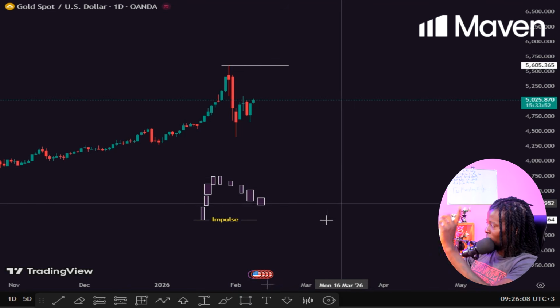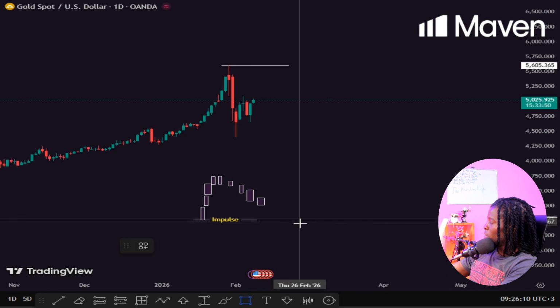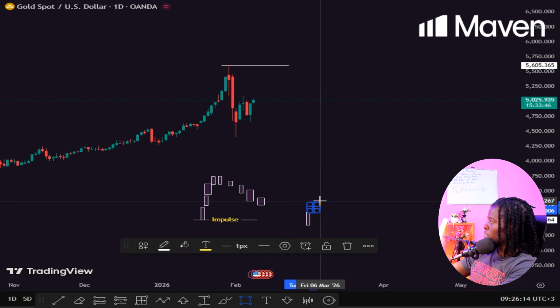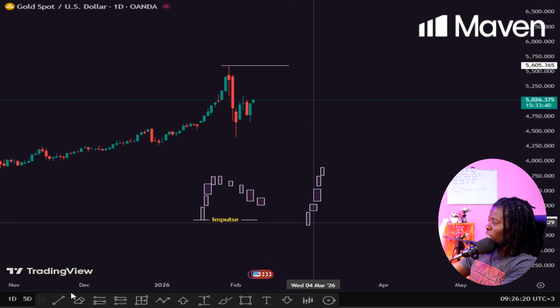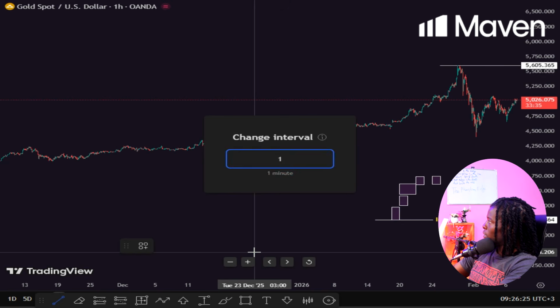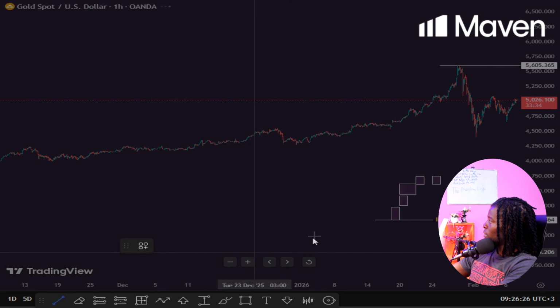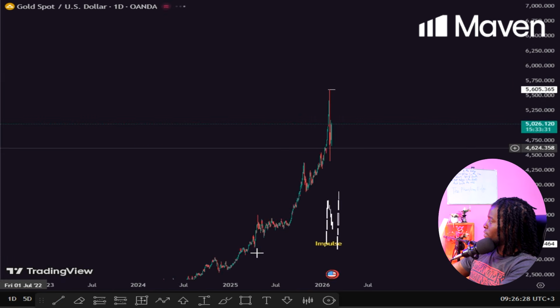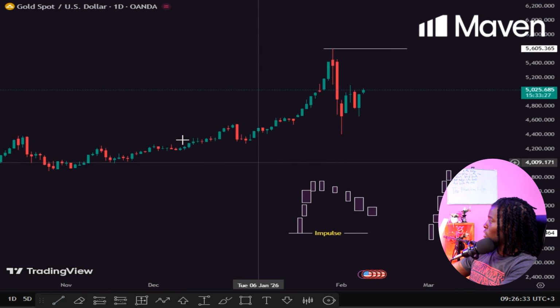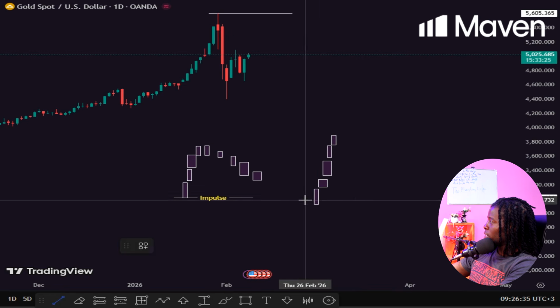Here it is, let me give you another scenario. Price was going up, the impulse phase, something like this. We've identified right here is our impulse.